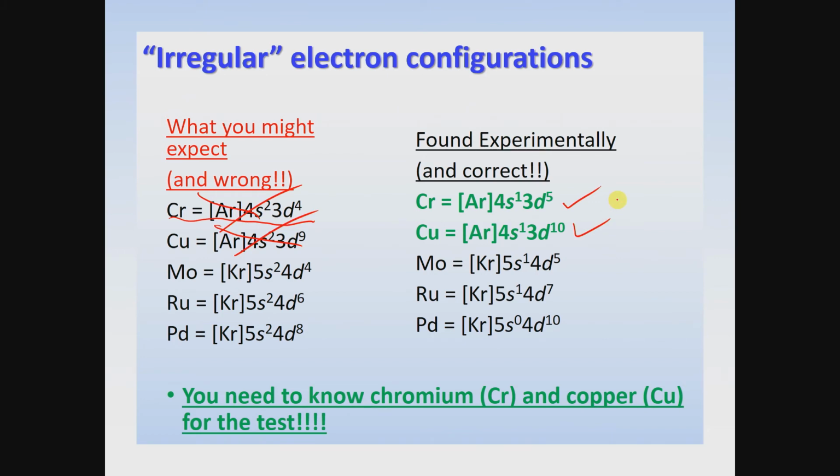And here are some examples of other elements where you have configurations that you don't expect. And so the basic rule to remember is that if you have, say, a d sublevel that is one electron away from being either half filled or fully filled, it will take an electron out of the lower s sublevel and fill up the d sublevel.